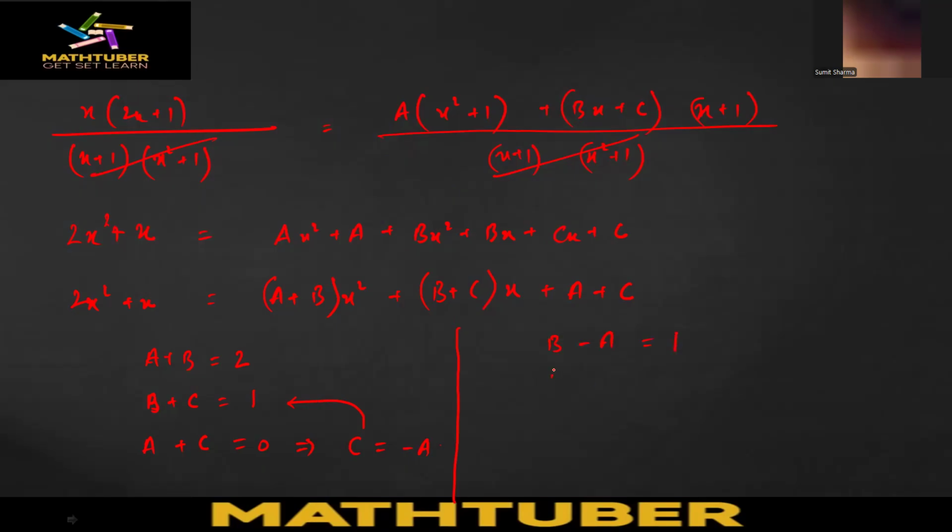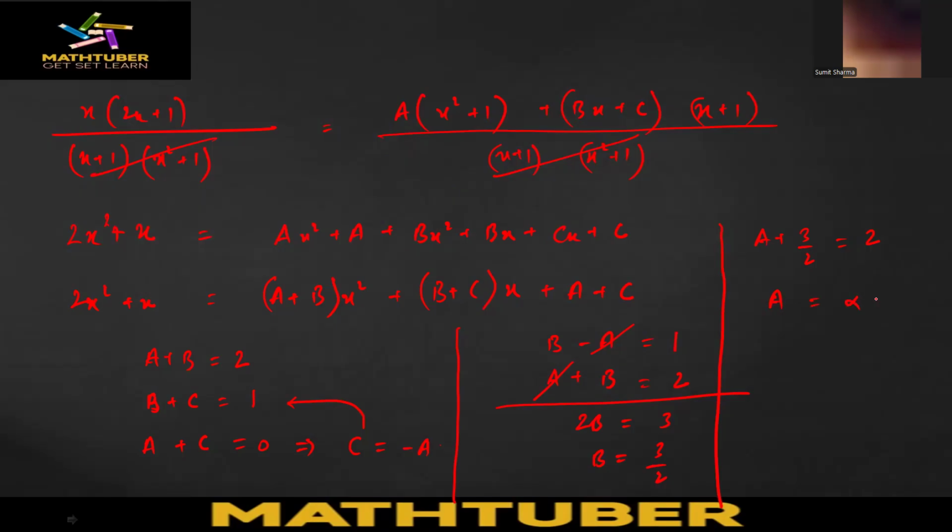And solving it with the first equation, that is a plus b equal to 2, minus a and a will get cancelled. You will get 2b equal to 3, b equal to 3 by 2, right? So if b is equal to 3 by 2, then put it in the first equation, that is a plus 3 by 2 equal to 2.